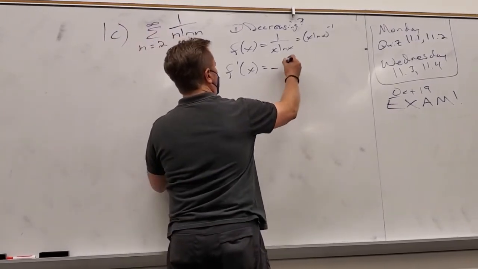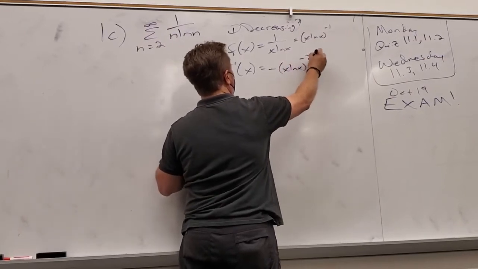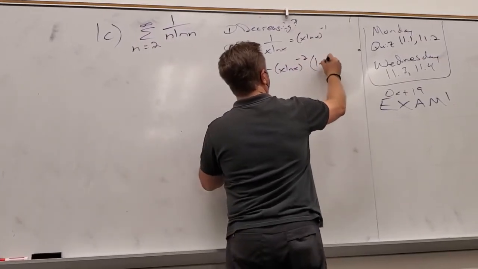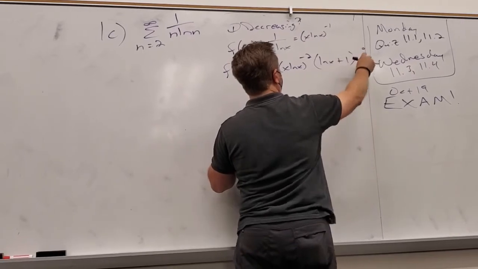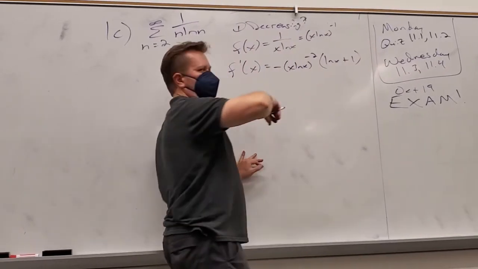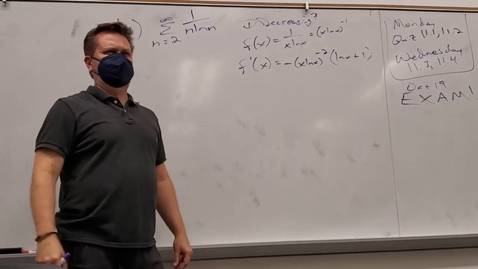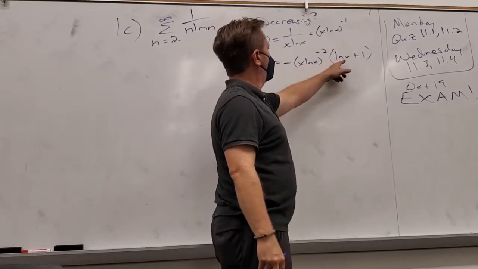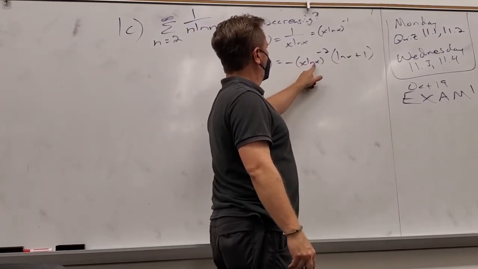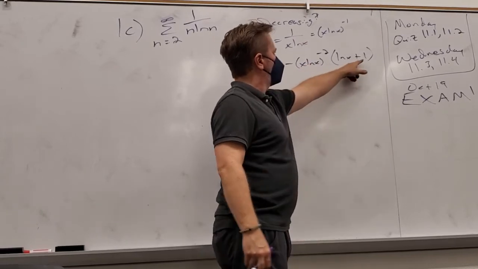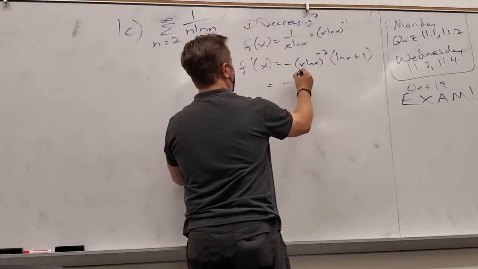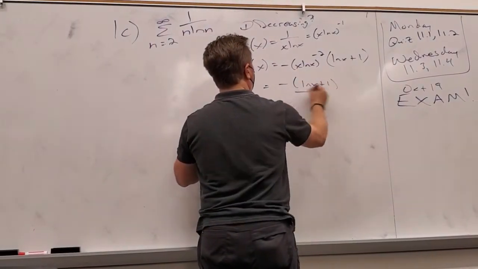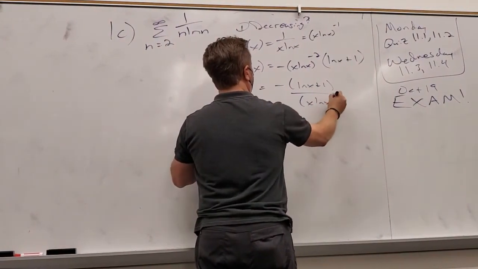Alright, so you get negative x ln x over 2 times ln x plus 1. Is that cool? The derivative of x is 1 times ln x. x times the derivative of ln x is 1 over x, so x times 1 over x is 1. So you get negative ln x plus 1 over x ln x squared.